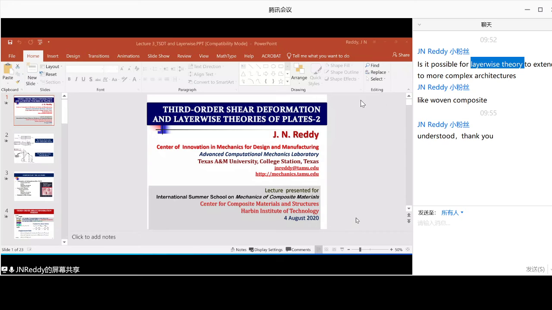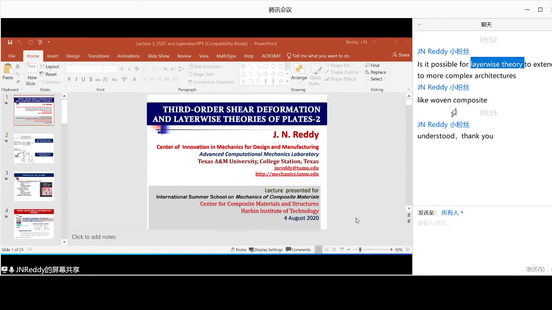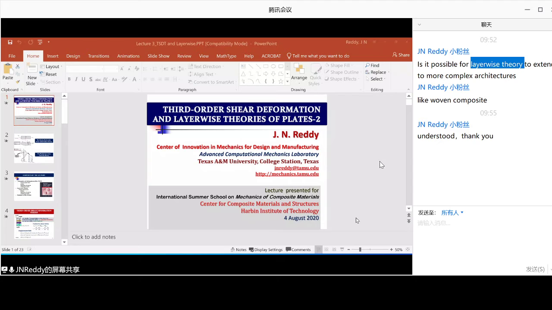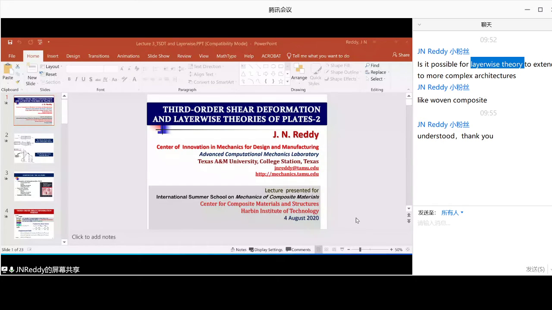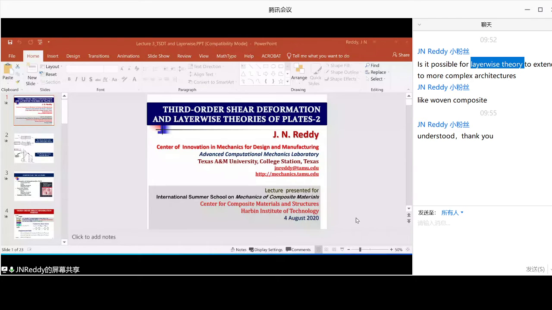If you do it, you will get a weak stress singularity, because of the delamination. So how to treat this problem? If you use a stress criterion, the stress will be infinite. You would use fracture mechanics or something else. Again, for any prediction of delamination or crack growth, you need a criterion.